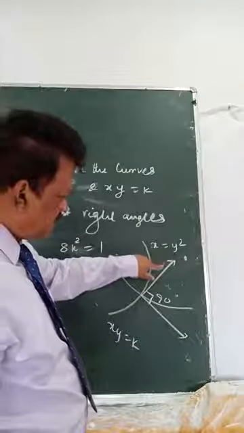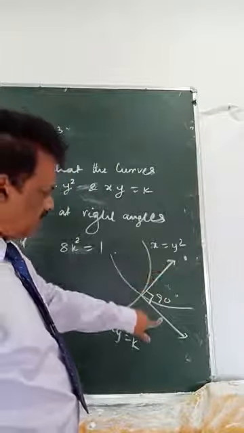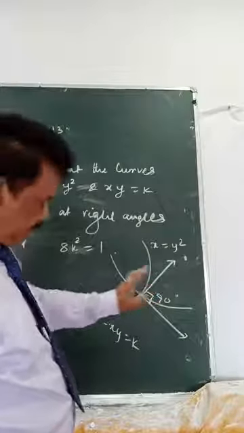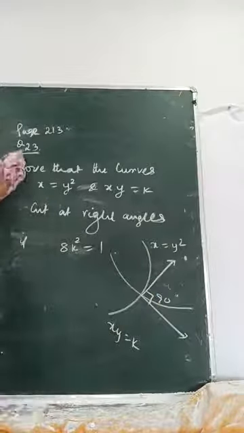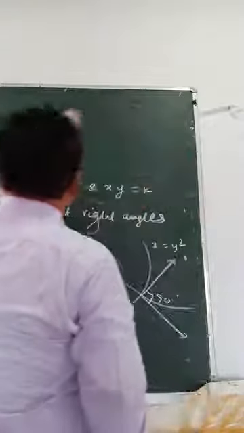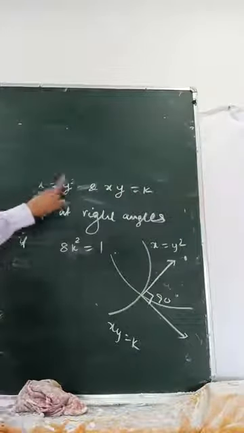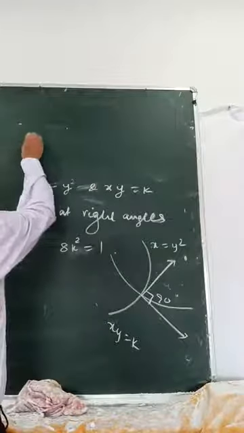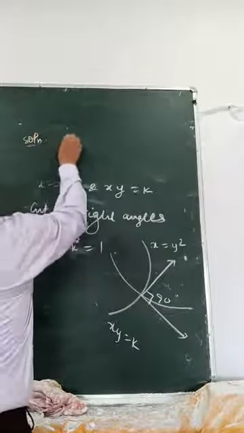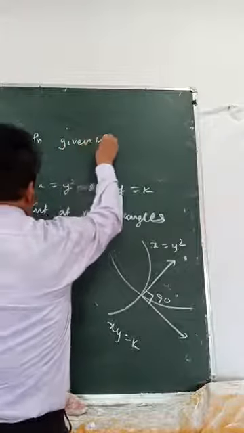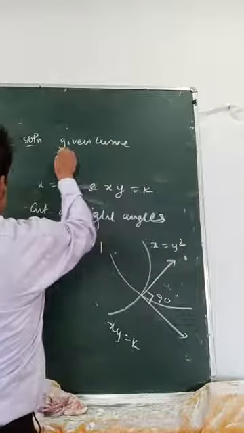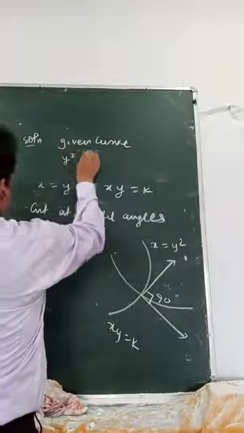Means slope of this tangent multiplied by slope of this tangent should be minus 1. So that is what you need to relate here. Okay, how to find the slope of the tangent to this curve? So first, the given curve, y square equals to x.